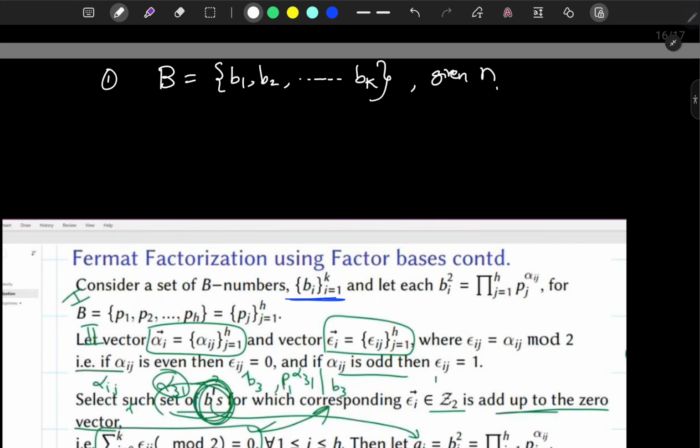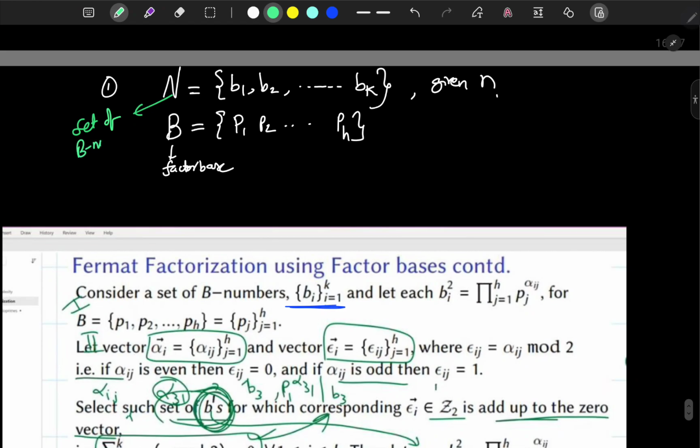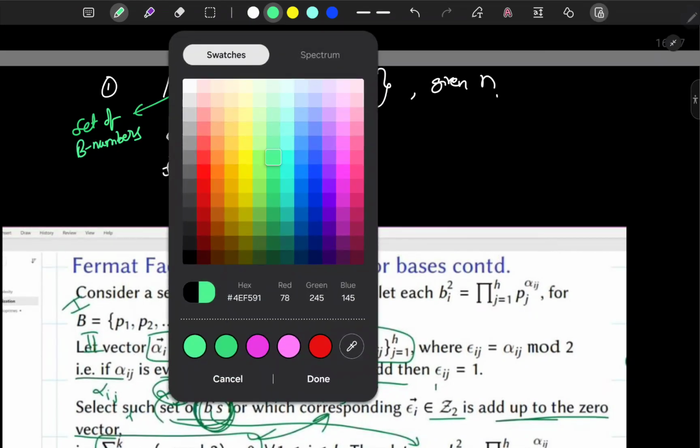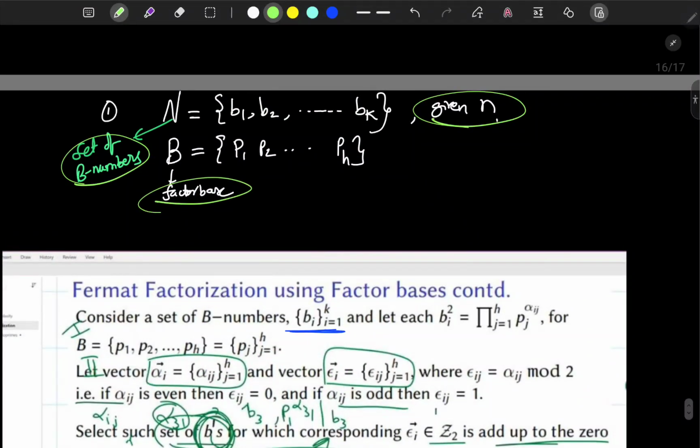The factor base B is written as P1, P2 and so on till PH. This is the factor base. Set of B numbers and given n, this is what you have studied.